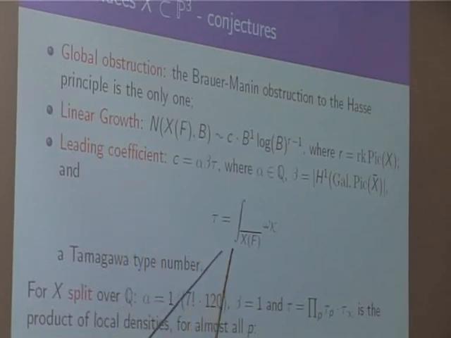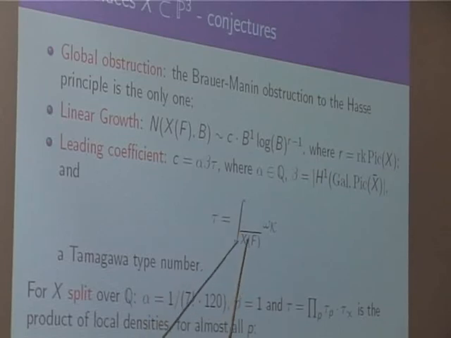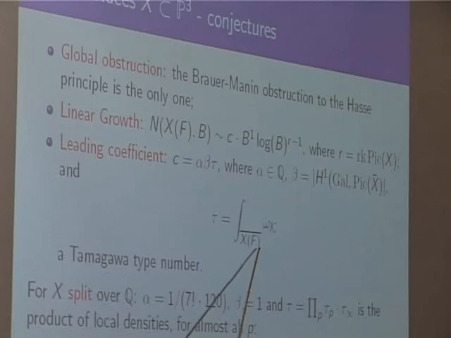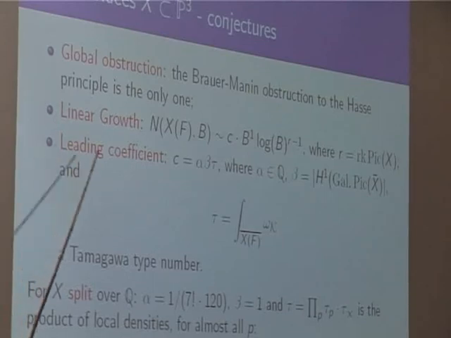And tau, the Tamagawa number, is kind of a product of local densities. It's an adelic integral, with a Tamagawa type measure, but you integrate not over all adelic points, but over the closure of rational points in the adelic points in the direct product topology. We'll come back to this leading coefficient later in this course.